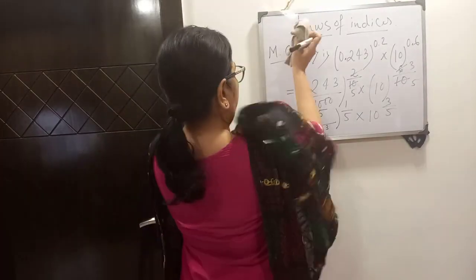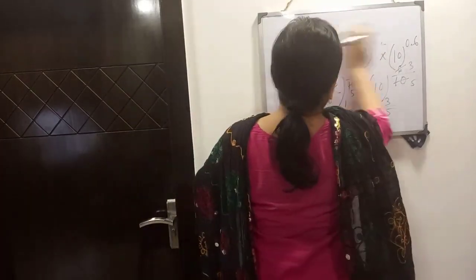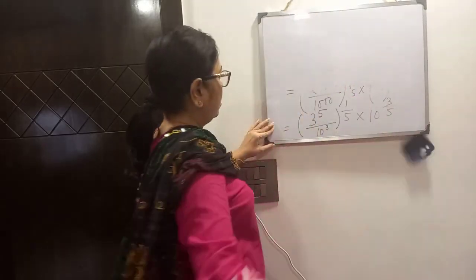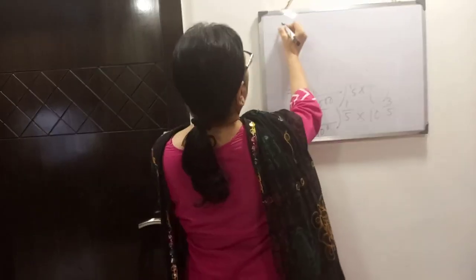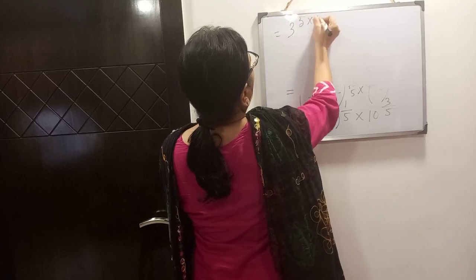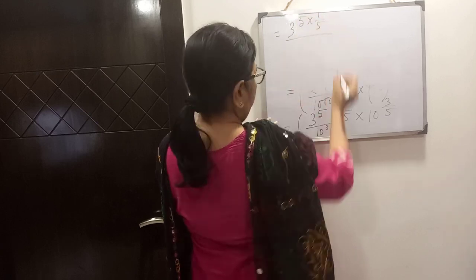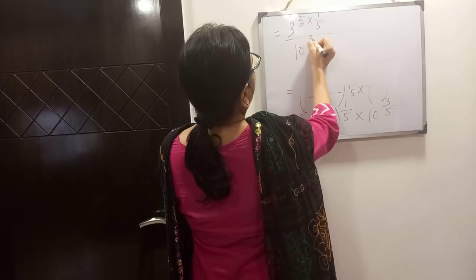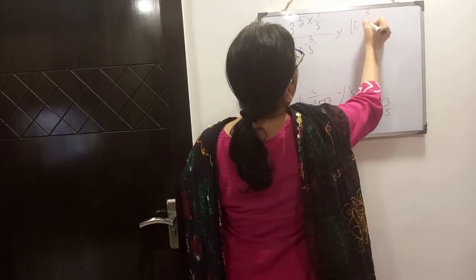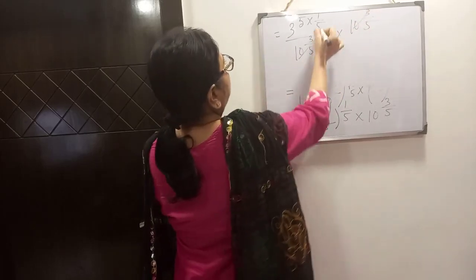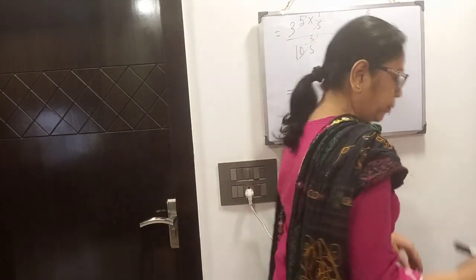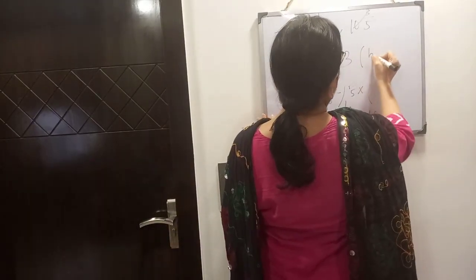Now separately I will write in this form: 3 to the power 5 into 1 by 5, and denominator 10 to the power 3 by 5 into 10 to the power 3 by 5. Now this and this will be cancelled out, 5 5. So your answer is 3. Your option B. B is the correct option.